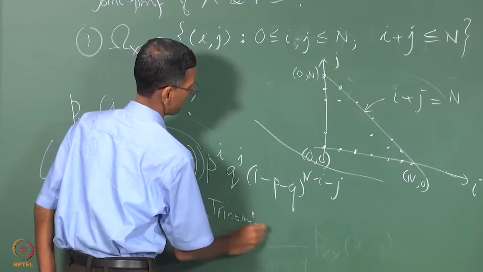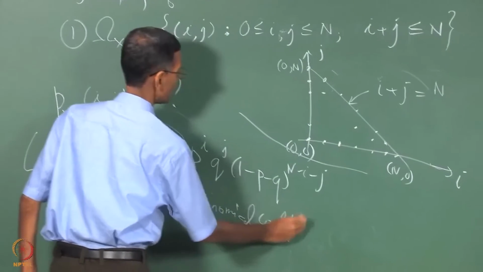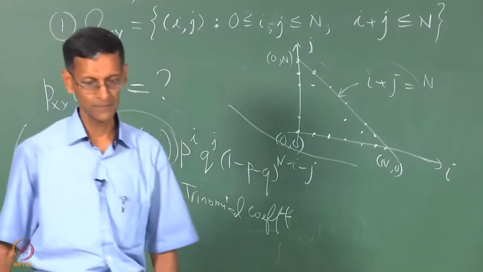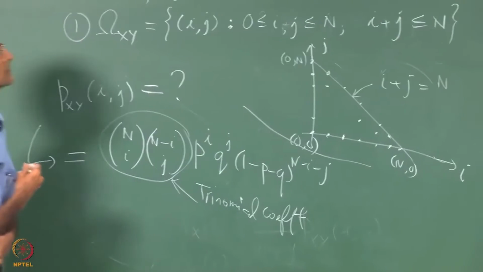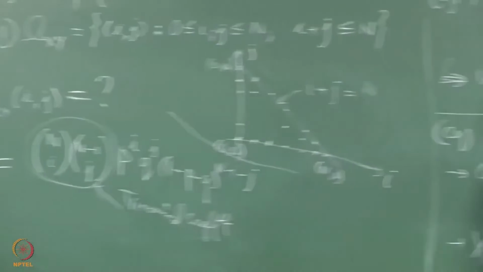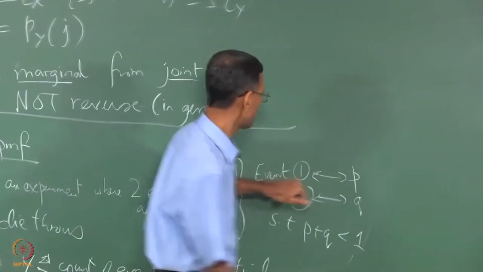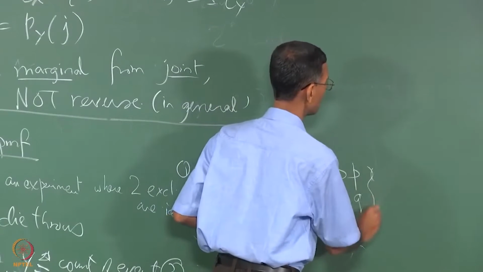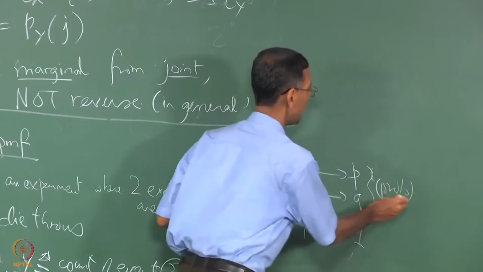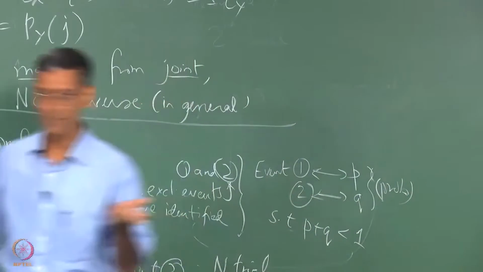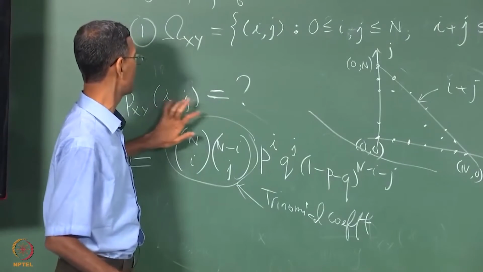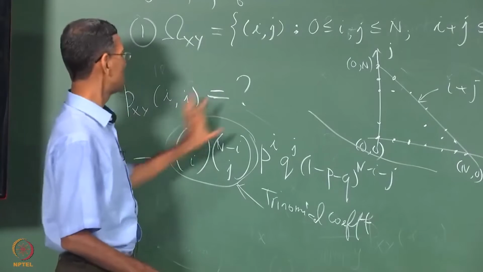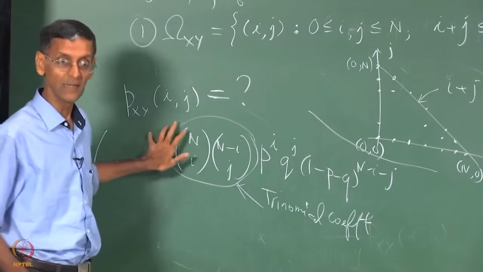And if you expand it out, what do you get? Okay, so let me say here clearly one more time, these are probabilities of events 1 and 2 occurring on any trial, and you are running the experiment for n trials, and this is the joint probability that you get i times event 1 and j times event 2, and instead of writing all that in English, we are writing it compactly like this.